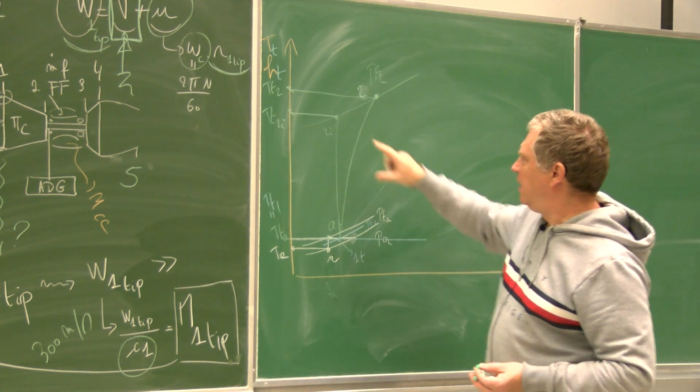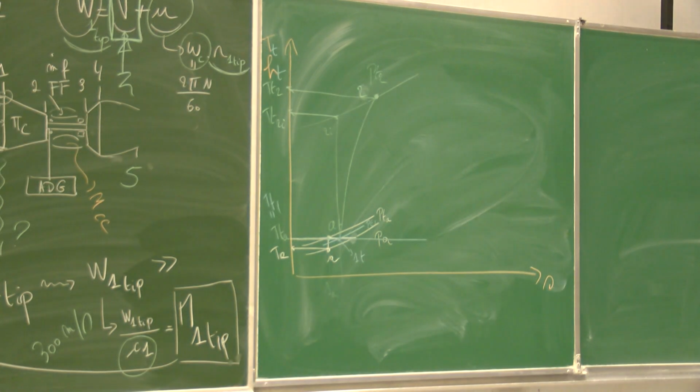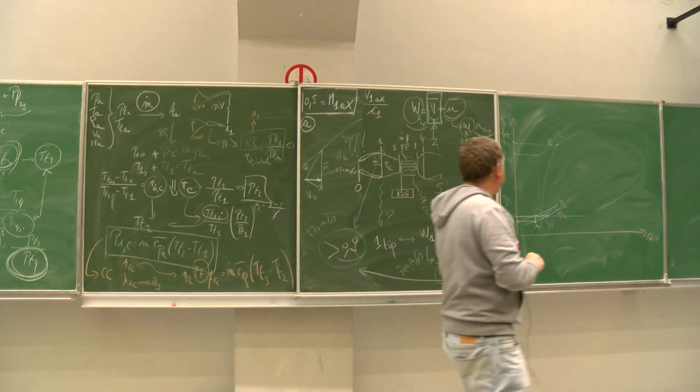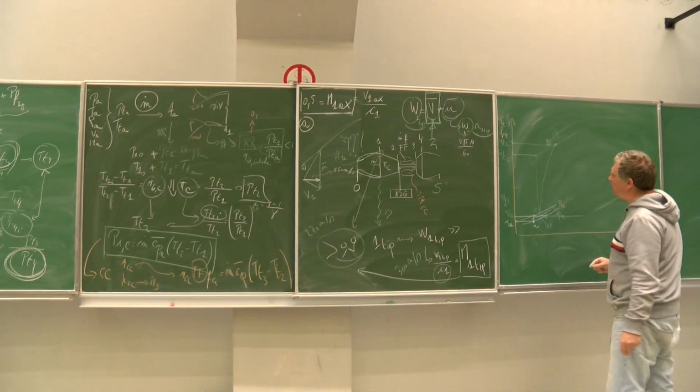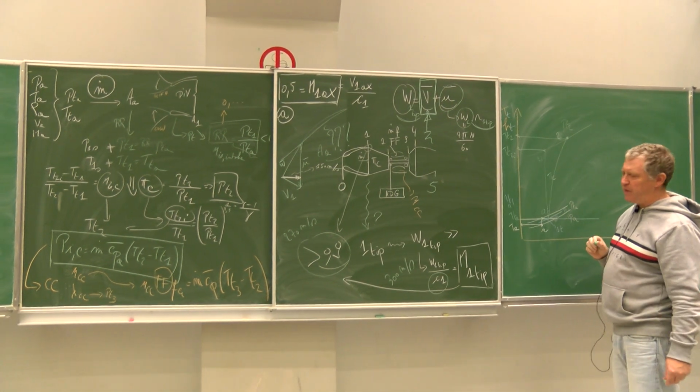So you see, TT2 is higher than TT2i. Isentropic efficiency is lower than 1. Okay? This is for a certain pressure ratio.